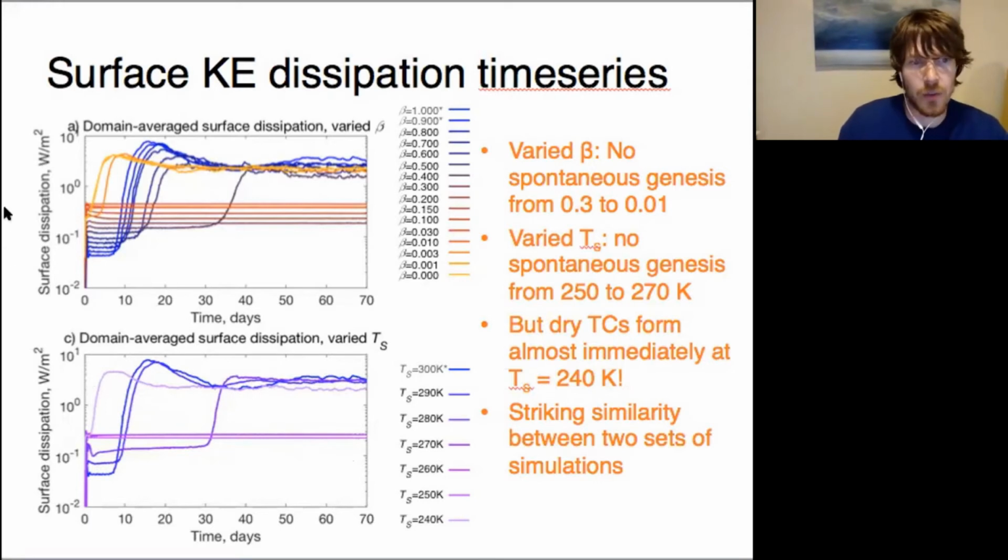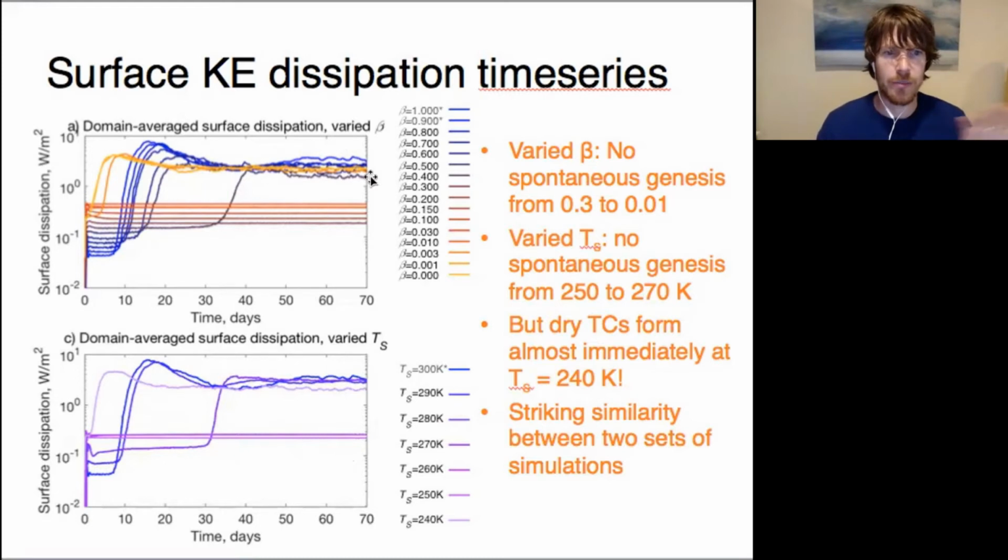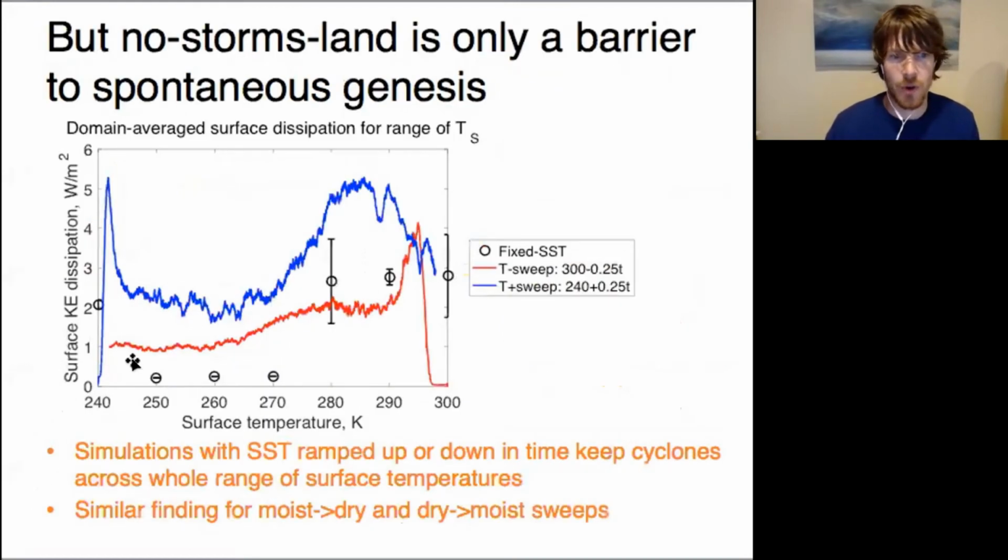And you might ask as well, okay, if we try to seed a storm into this range of parameter space where no storms spontaneously form, what happens? The answer is that those storms stick around. We've done simulations where we ramp surface temperature up or down in time, starting from a world that has storms and maintaining one for a long time period, and found the same with moist to dry and dry to moist parameter sweeps where we vary the surface wetness in time.